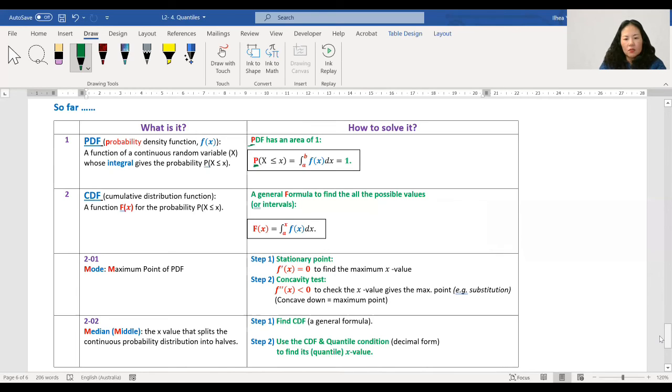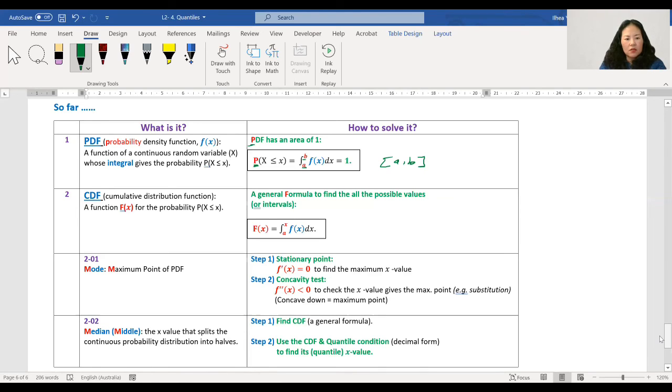So P of big X less than or equal to little x gives you this, and of course the limit domain goes from A to B, and that's when we get 1.